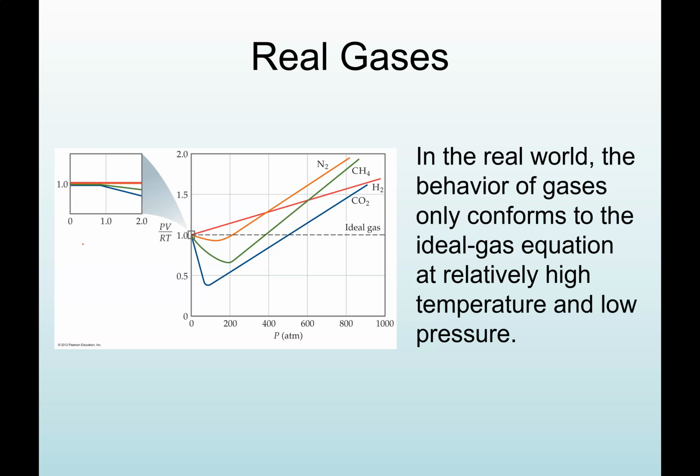And last, of course, but not least, is how real gases behave. So the ideal gas equation really only works if we talk about gases behaving at high temperature and low pressure. Now, it just so happens that high temperature and low pressure is the atmosphere of the Earth.